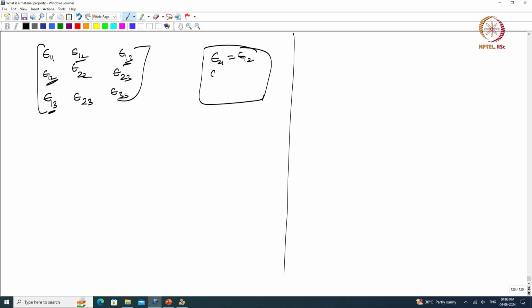This does not come from material symmetry; this rather comes from thermodynamics, in the case of what are called conservative properties. We will prove this later.